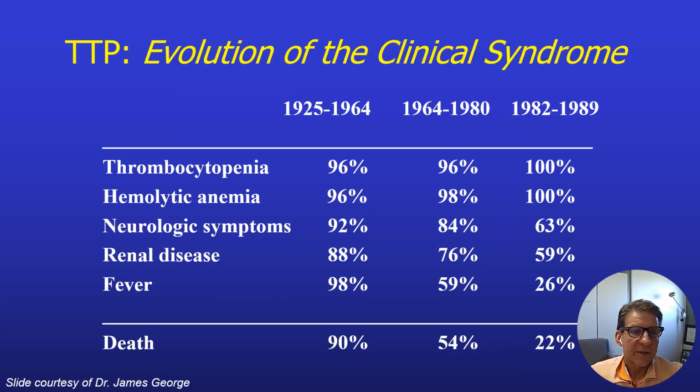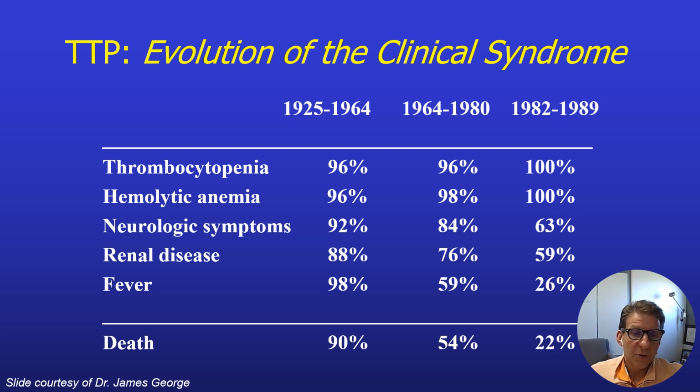It's interesting to look at some of the evolution of the symptoms over time. If you look back initially when the disease was just described, with no known therapy, what you see in observational studies describing the course of the disease is a near uniform mortality rate, but nearly all of the symptoms that were described as the pentad of TTP were seen: thrombocytopenia, this hemolytic anemia, not autoimmune but mechanical, neurologic symptoms, kidney disease, as well as fever.